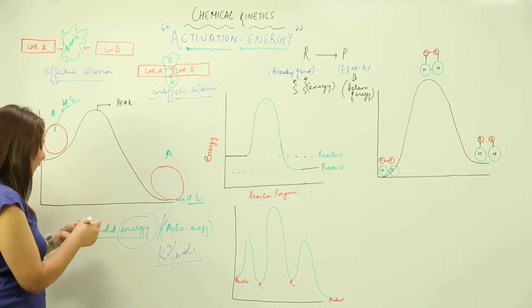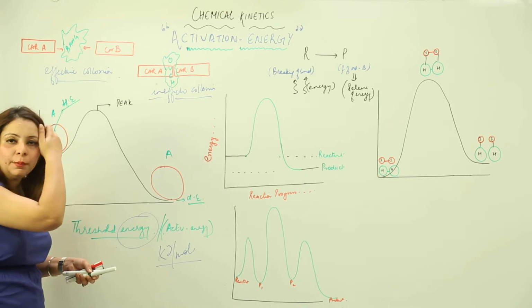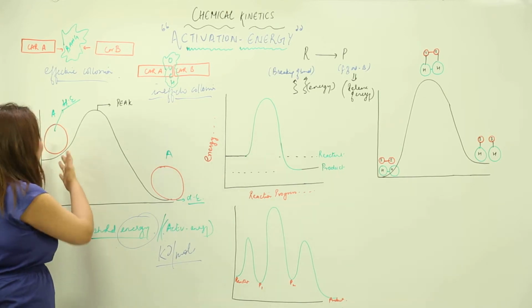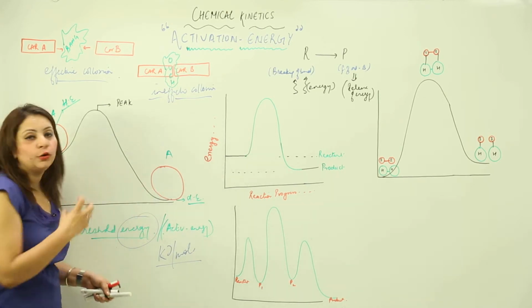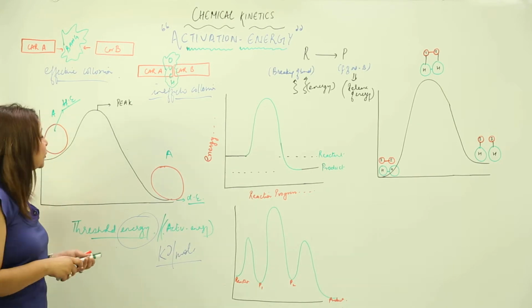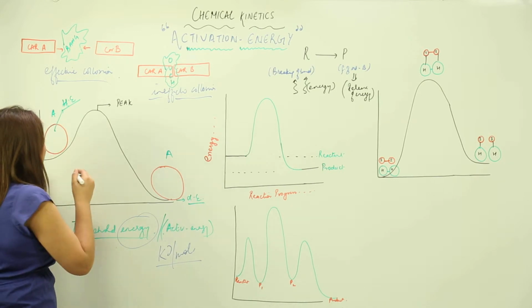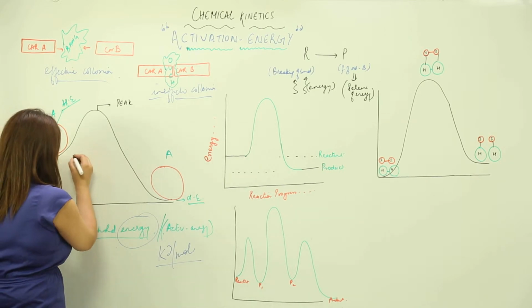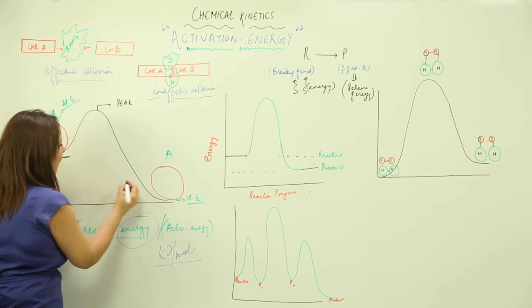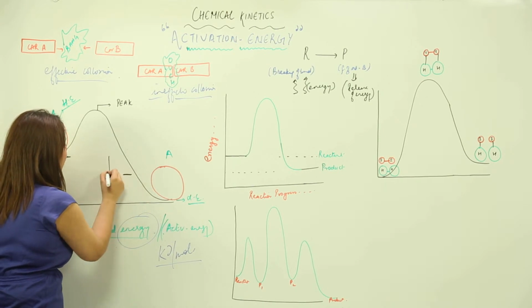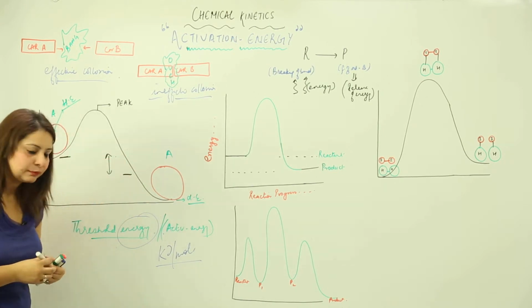As I told you, this point corresponds to high energy and this point corresponds to lower energy, right. So if we talk about the energy difference, it is something like this, because it is at this position and it is at this position. So this is the energy difference.